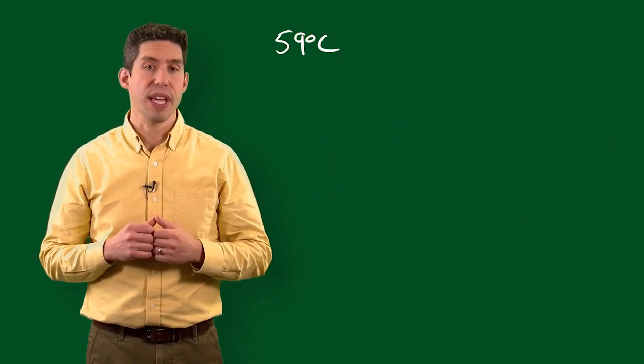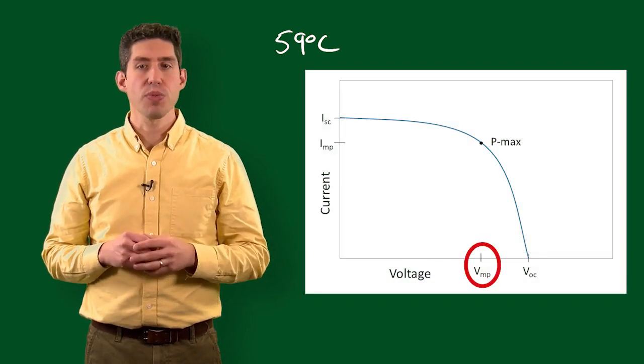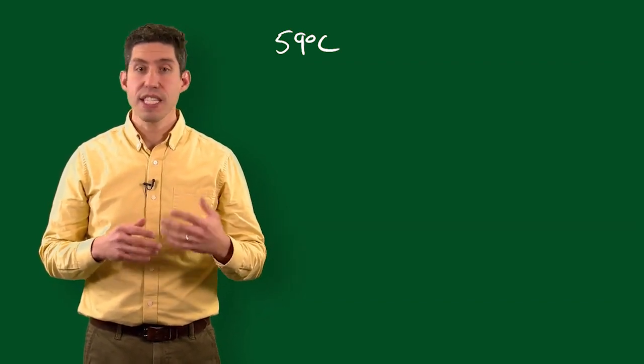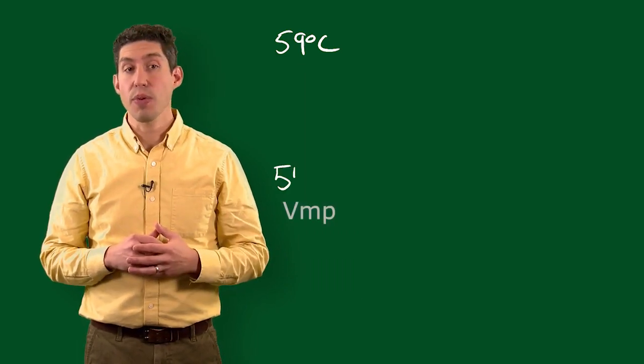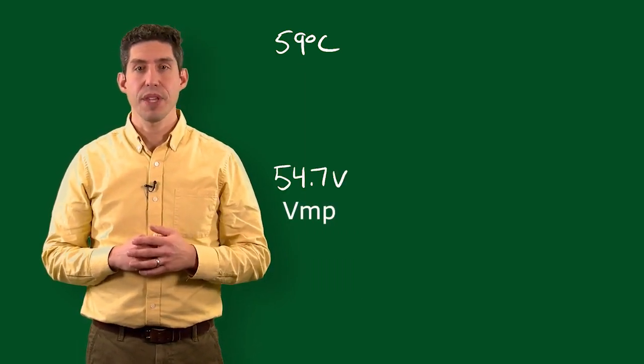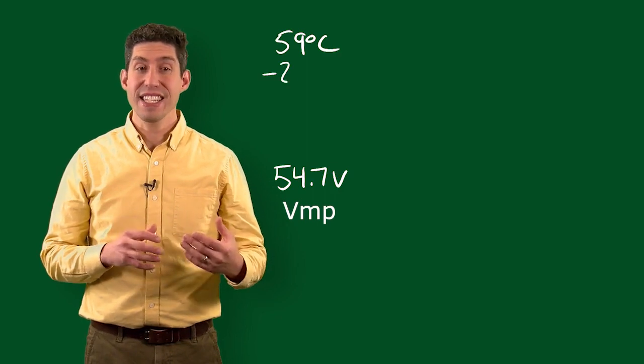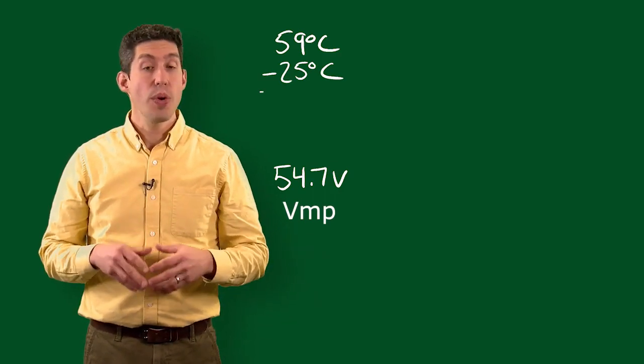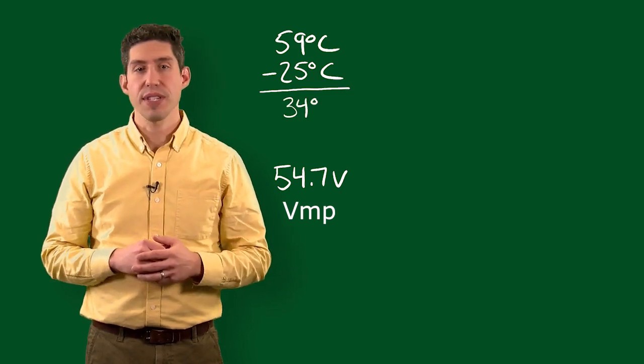Looking at model specifications, the maximum power voltage will always be lower than the open circuit voltage. In this case, the maximum power voltage is 54.7 volts at STC. So we would subtract the STC 25 degrees from the 59 degree rooftop temperature, which gives us 34 degrees Celsius.